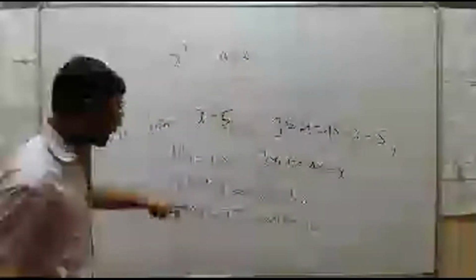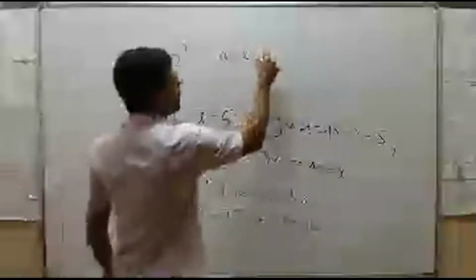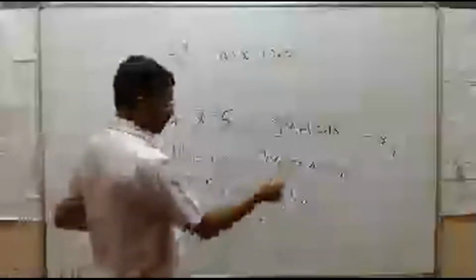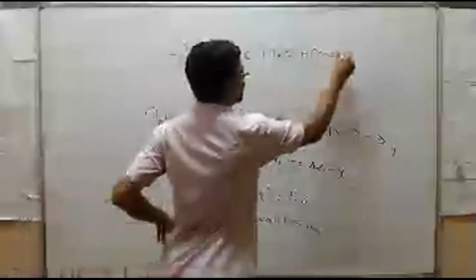Minus 200 becomes plus 200, and 124 does not change, so plus 124 equals 0.